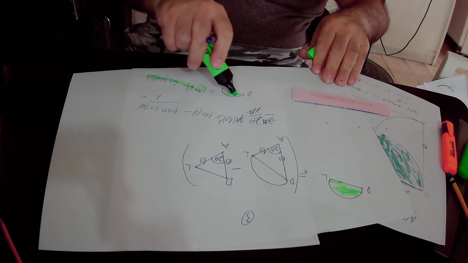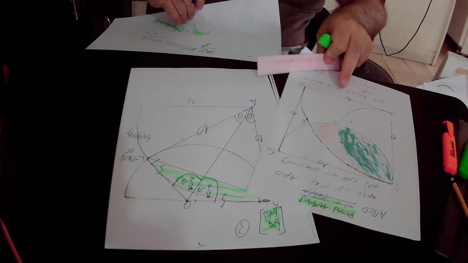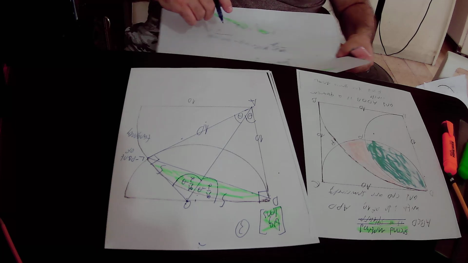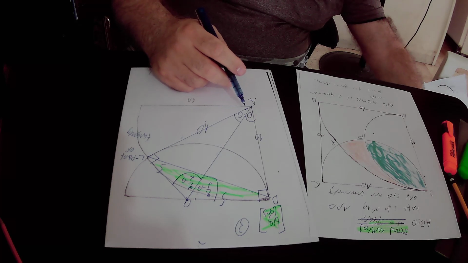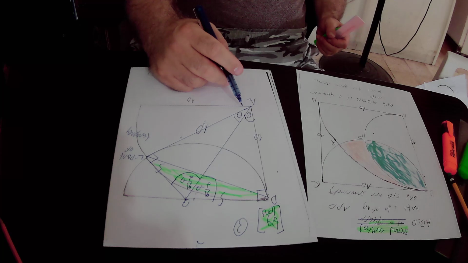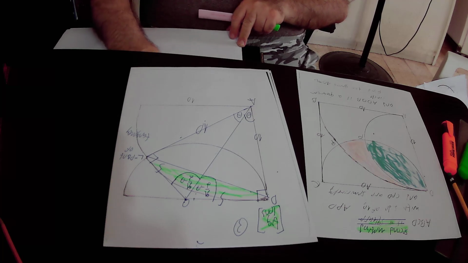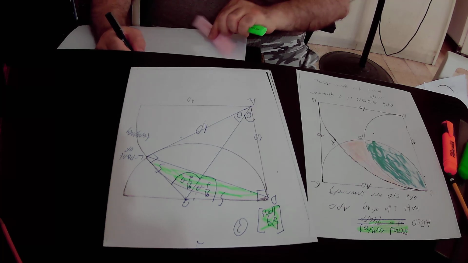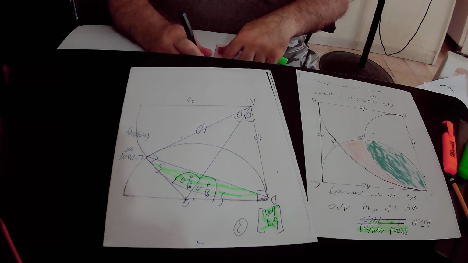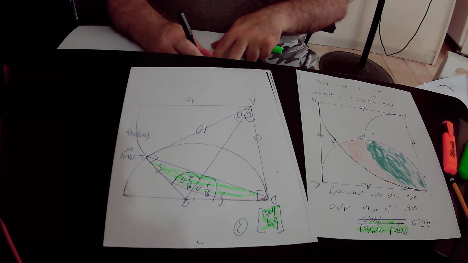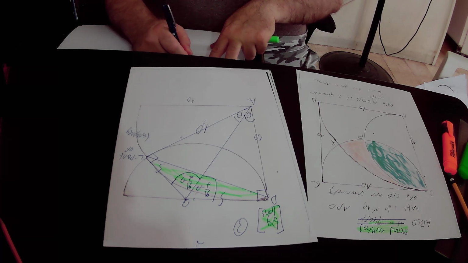In order to find them, I will copy in a new page the right triangle AOD that contains angle theta, and we will derive the value of theta and the value of sine 2 theta from this right triangle.